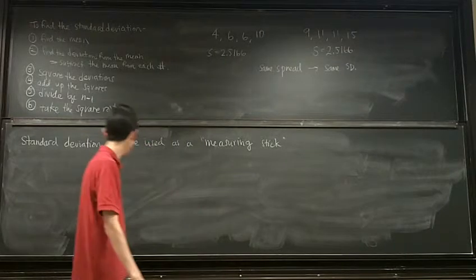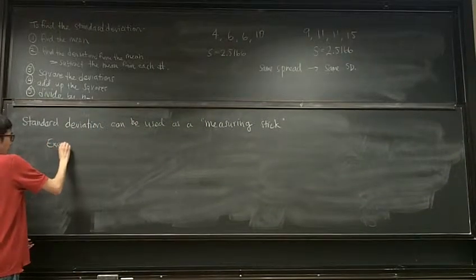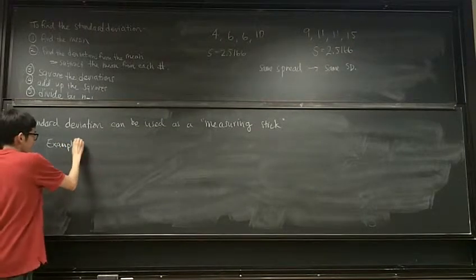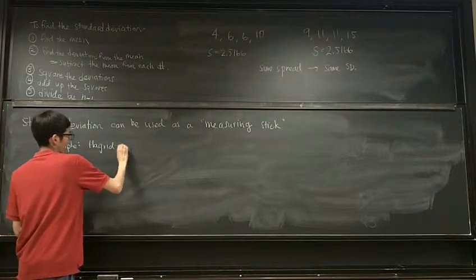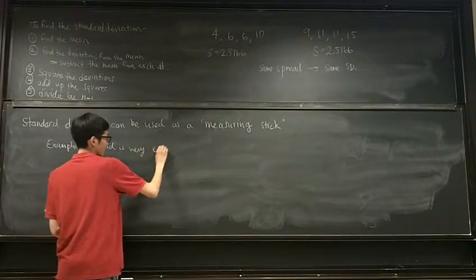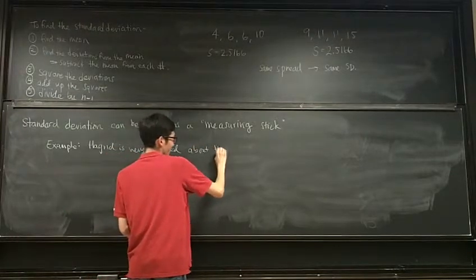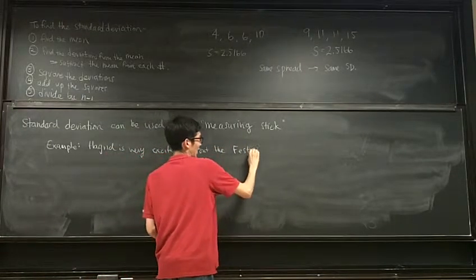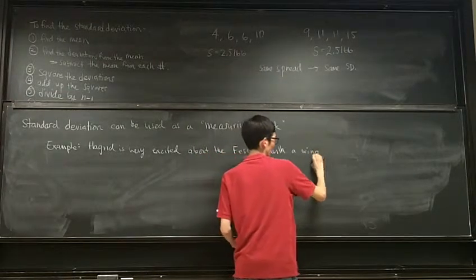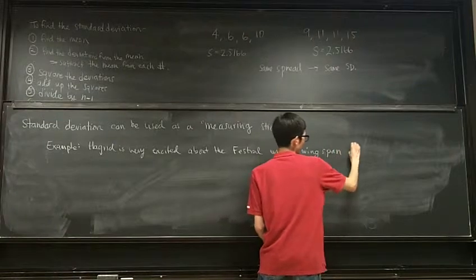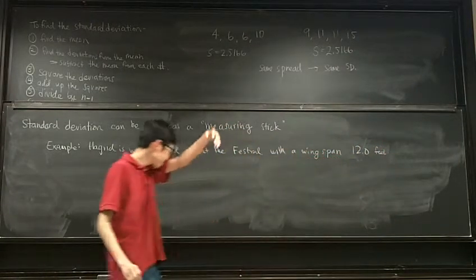So here's our little example. Very excited about the Kestrel with a wingspan of 12.0 feet. Okay.